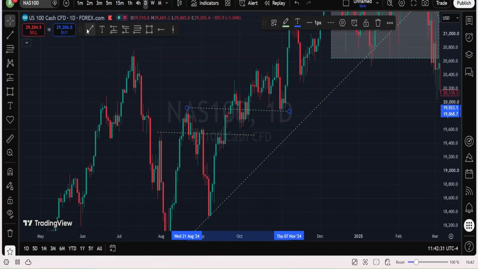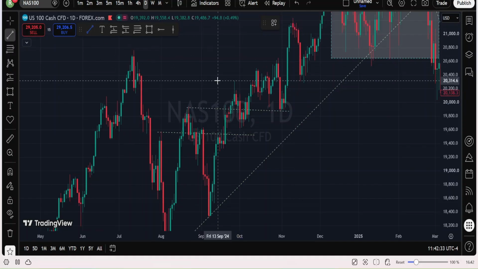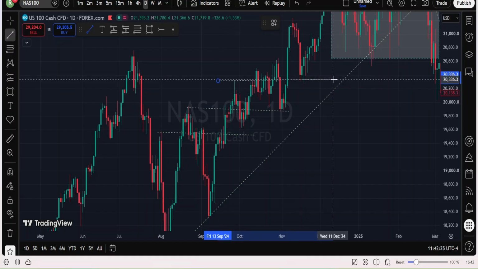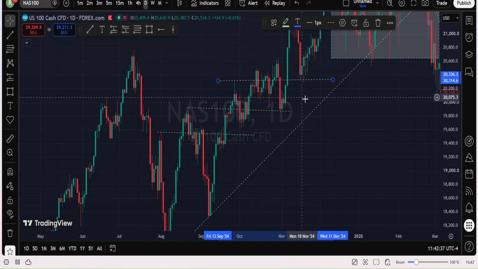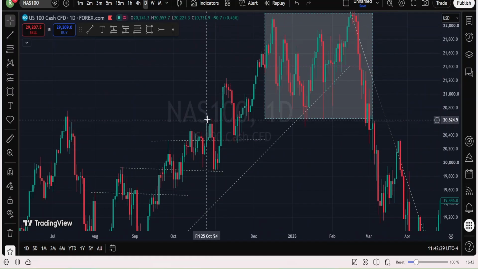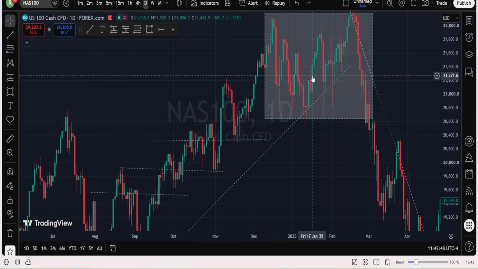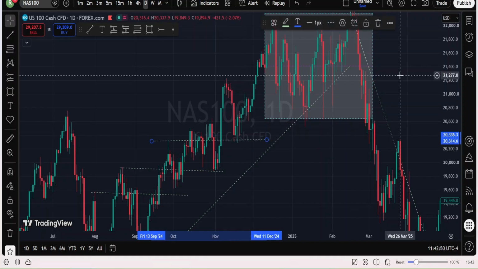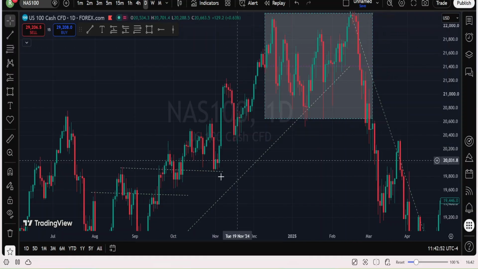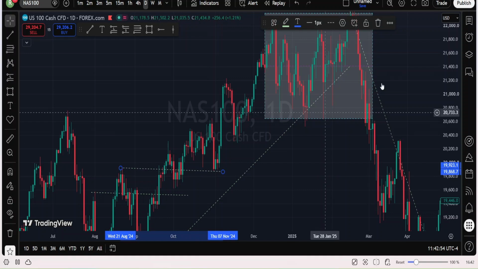It keeps making higher highs. This has been broken also, break of structure. Here also, break of structure. This high has been broken also, until we get to this level where we are unable to clarify whether the trend continues or is changing.